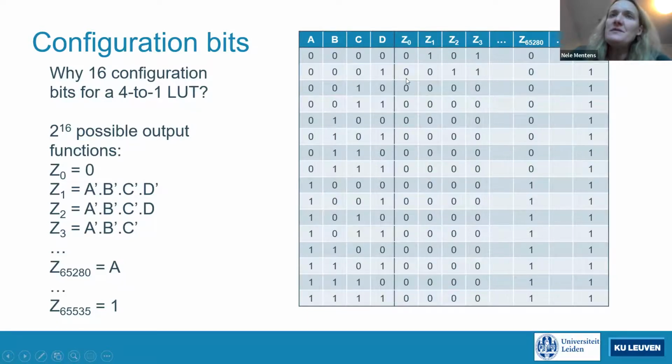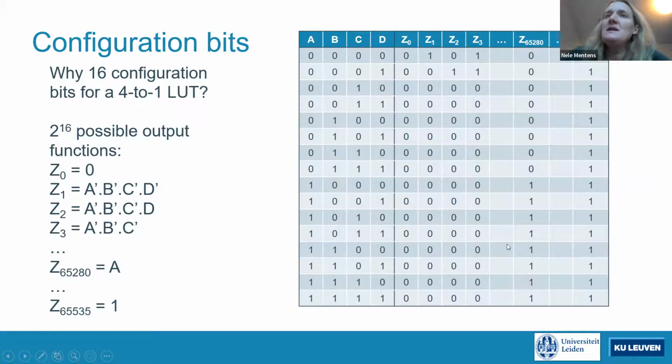So when these 16 configuration bits are all 0, then that means that for any combination of the 4 input bits, the output will be 0. If these 16 configuration bits are 1 followed by all zeros, then that means that only for one combination of the 4 input bits, the output will be 1, and for all other combinations, the output will be 0, and so on and so on.